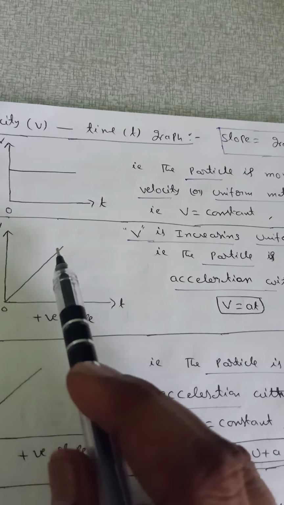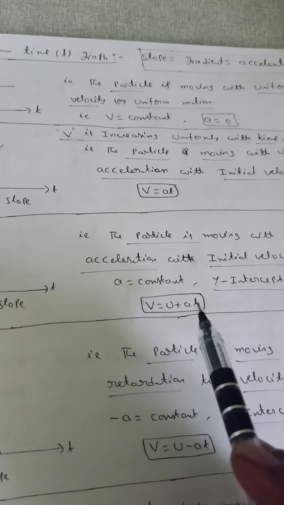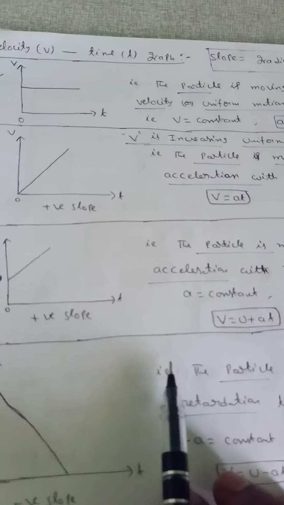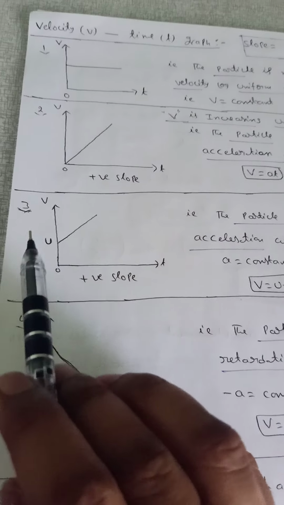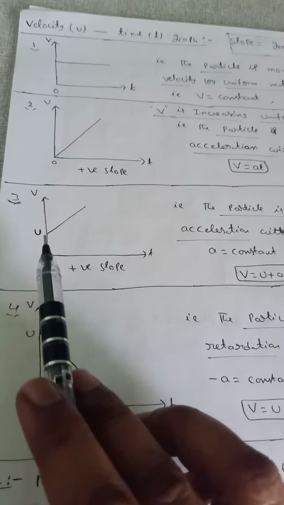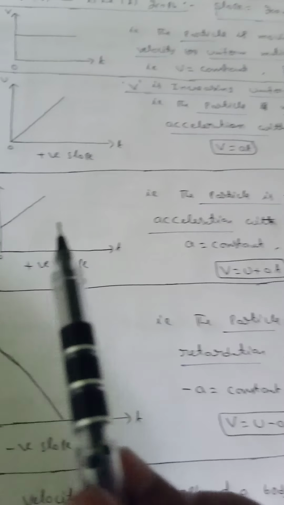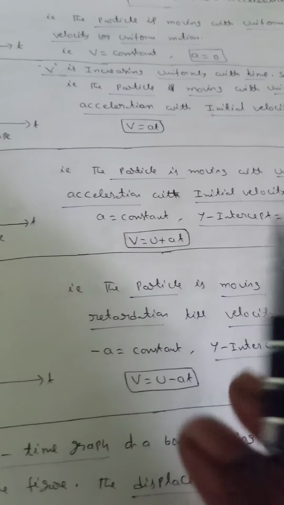In the first, the initial velocity is 0, but in this one the initial velocity is u, that is, the y-intercept is u. That means v is equal to u plus at. This represents y is equal to mx plus c, where y is v, m is the slope meaning acceleration, x is t, and the y-intercept is u.